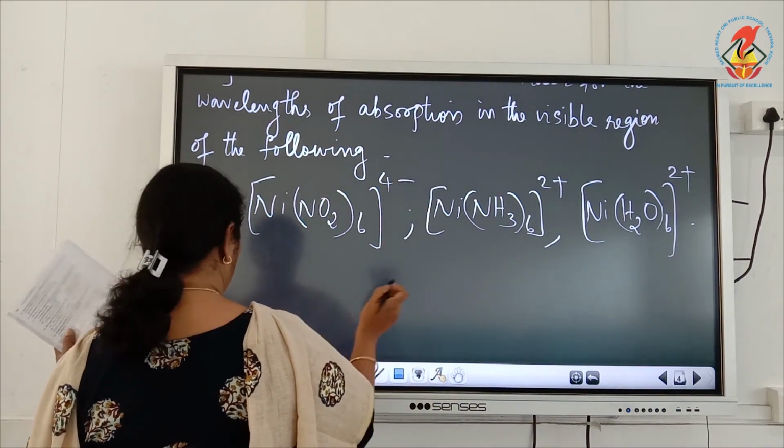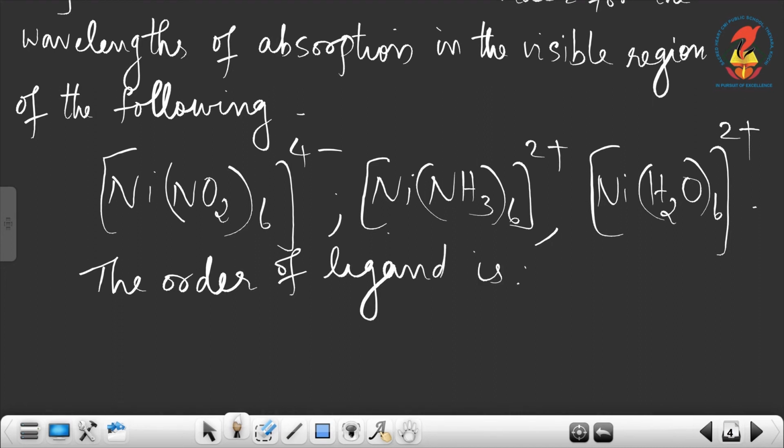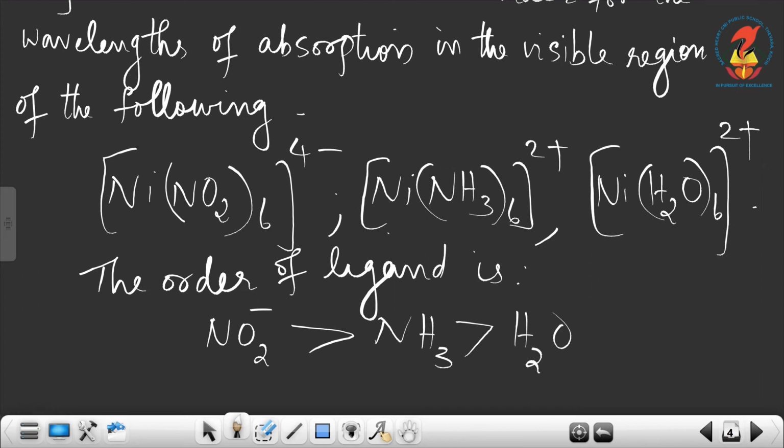Among these, I'll write here the answer, the order of ligand. I'll write in decreasing order. NO2 will come first, I am writing only the ligand. So NO2- greater than NH3 greater than H2O. H2O is the weak ligand.